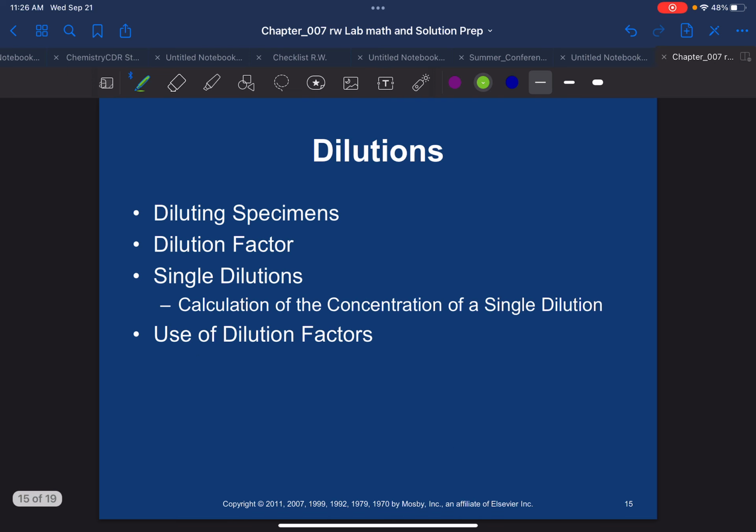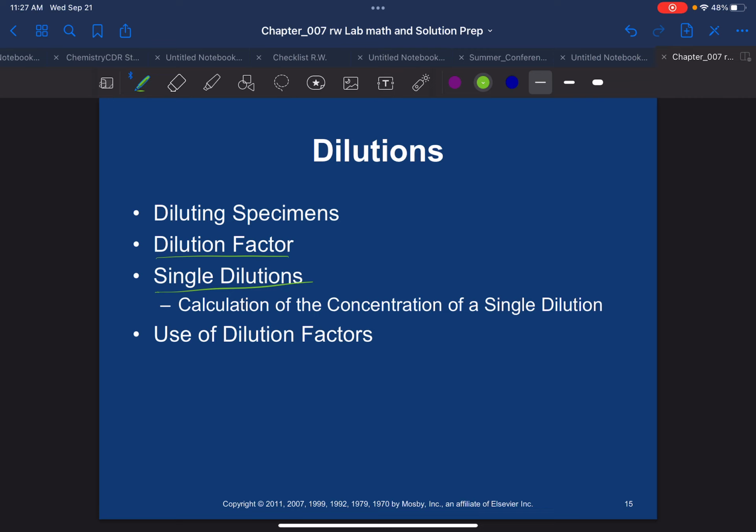All right, when do we use dilutions? When we need to dilute samples, when we need to find a dilution factor, and we can also do single dilutions, which is what I've just showed you. And then there are serial dilutions.